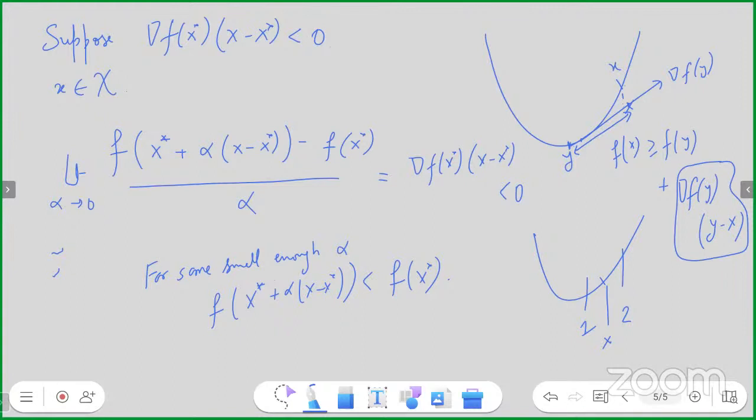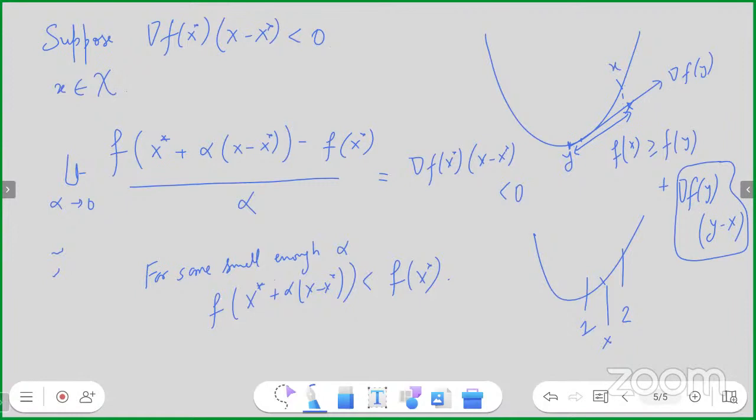And if you do the contrapositive, A complement implies B complement. What happens? You say nothing more. Okay, so now there is an x at which this is false.